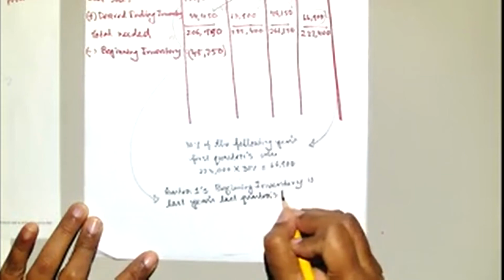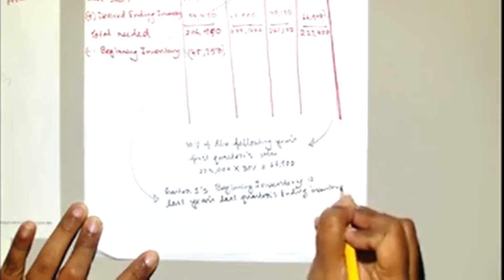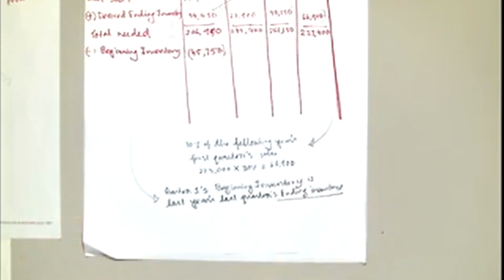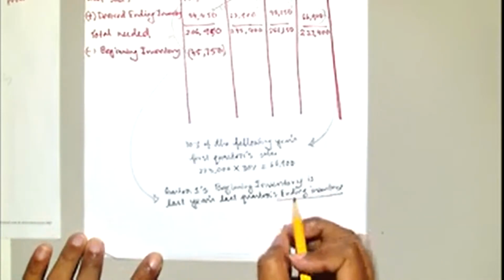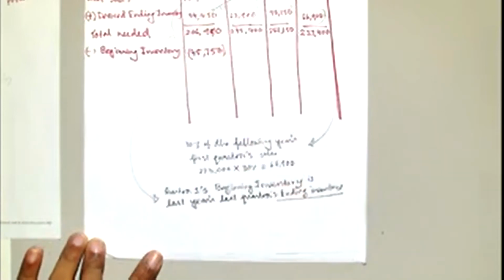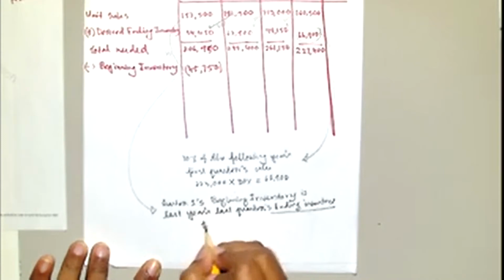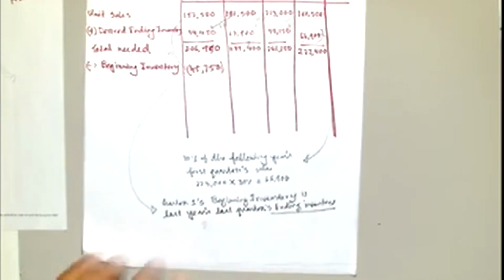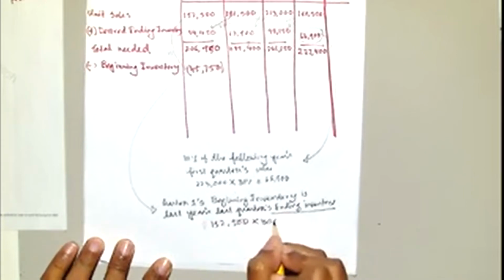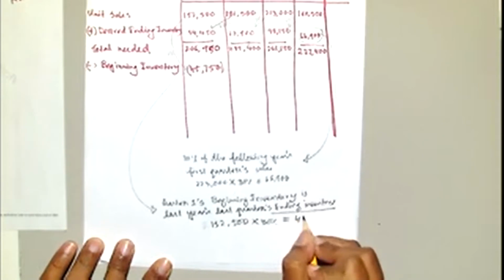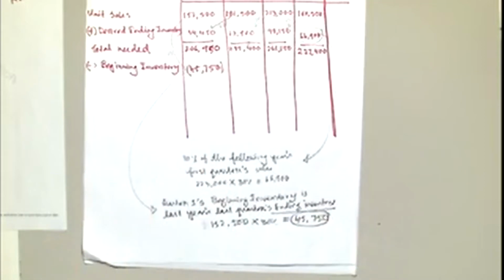Every quarter, the ending inventory is the following quarter's 30% of sales. So last quarter's ending inventory would be Q1's 30% of sales. Q1's sales is 152,500 units, and you take 30%, which Paul got, 45,750. So for the first quarter, this will be your beginning inventory.